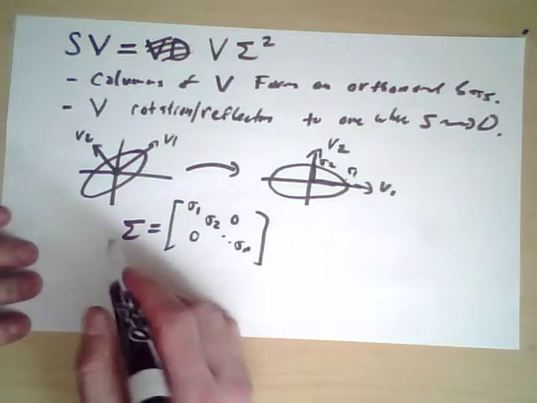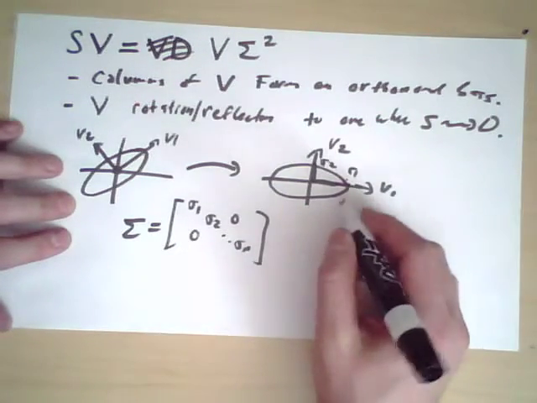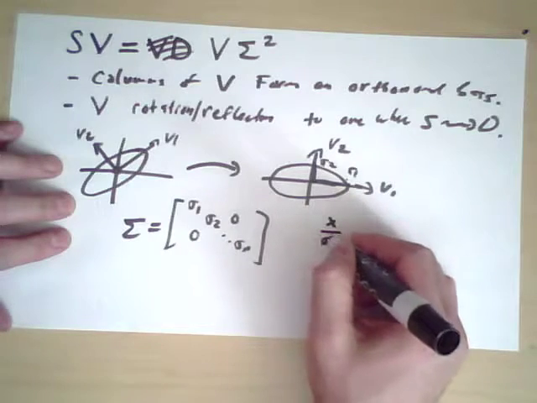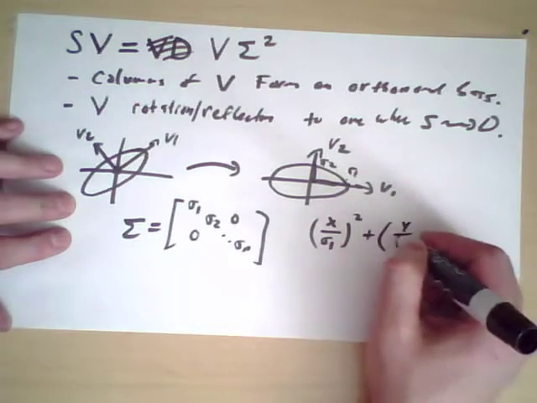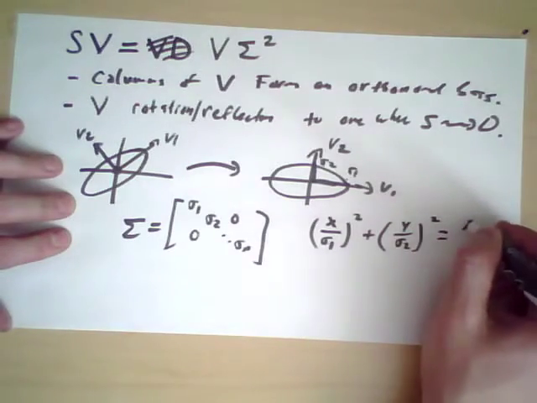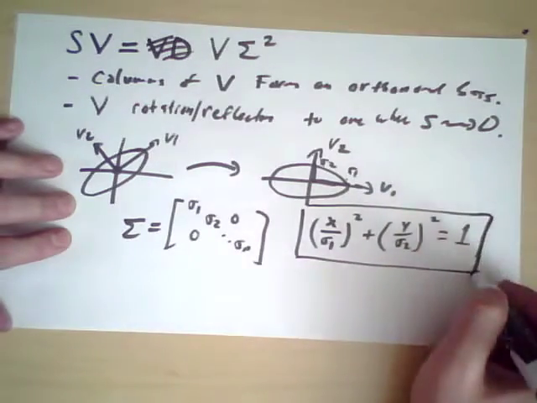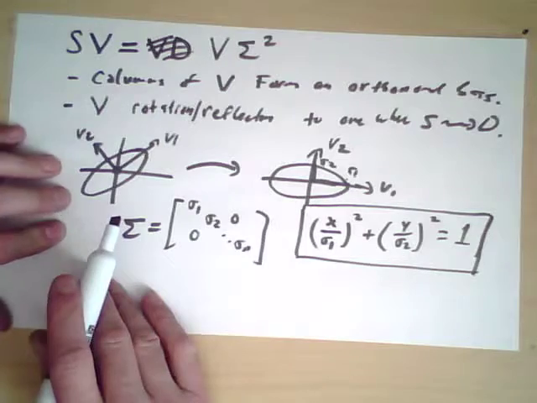So, in fact, what we're saying here, what is the equation of this ellipse? In the coordinate system V1, V2, it would be x over sigma 1 squared plus y over sigma 2 squared equals 1, the standard equation of an ellipse, centered at the origin with major and minor axes sigma 1, sigma 2.